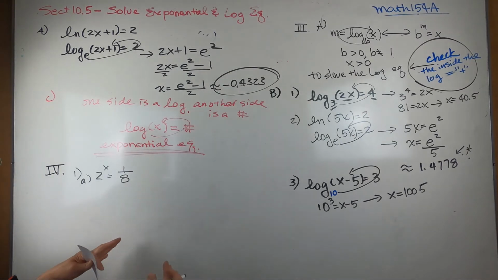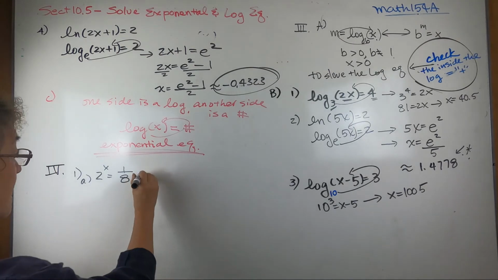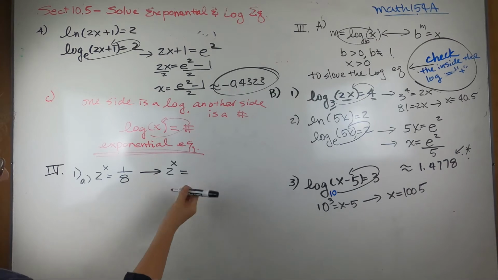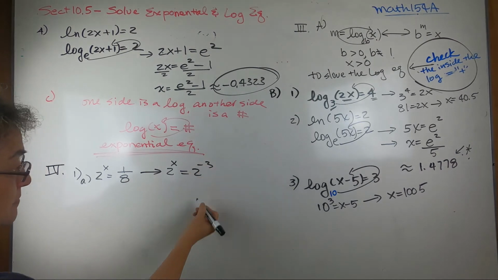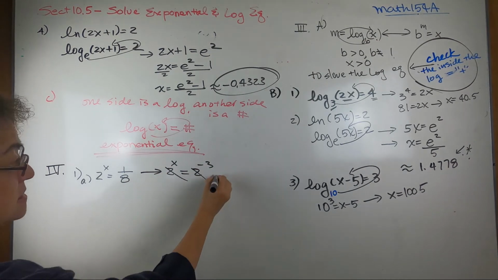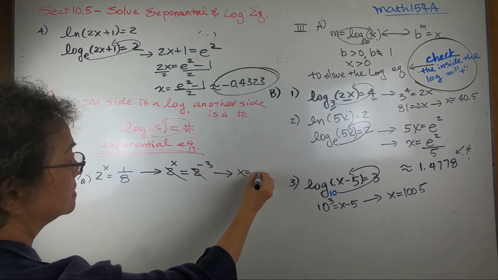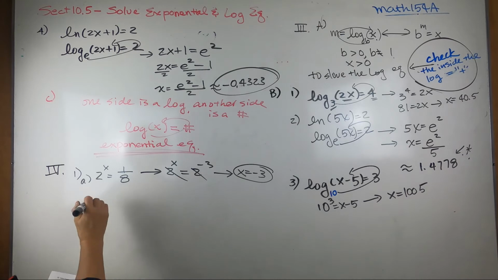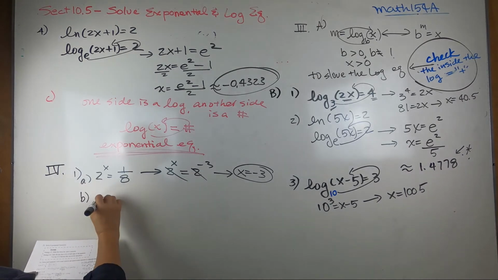We say, okay, make two sides the same base. Then we should be able to compare, right? 1/8 would be 2 to the -3 power, same base. So we know x is what? -3, right? That's how we solve an exponential equation.